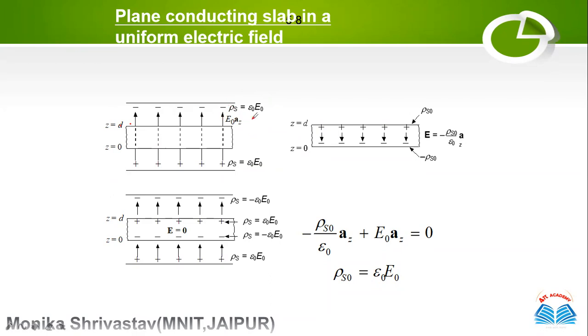For this it will be minus, and for this it will be plus. So again, if all positive charges are accumulated, then we consider rho s naught, and all negative charges are accumulated here, then we get minus rho s naught.